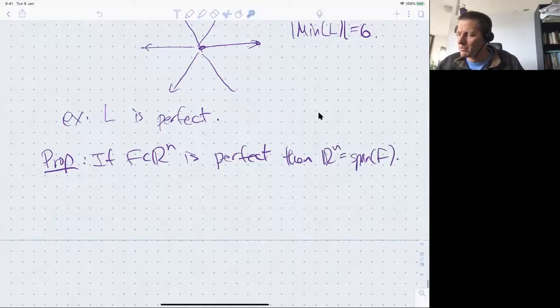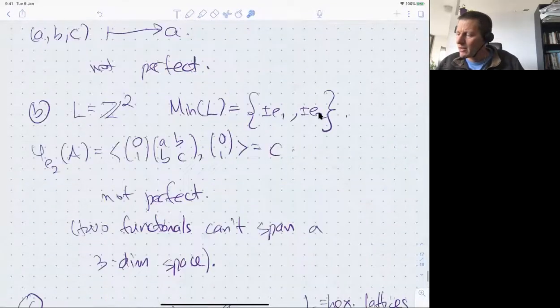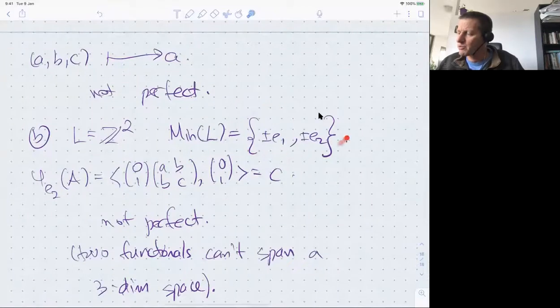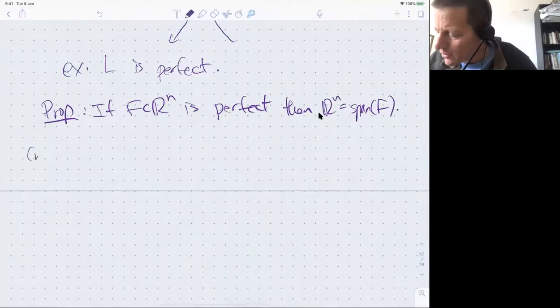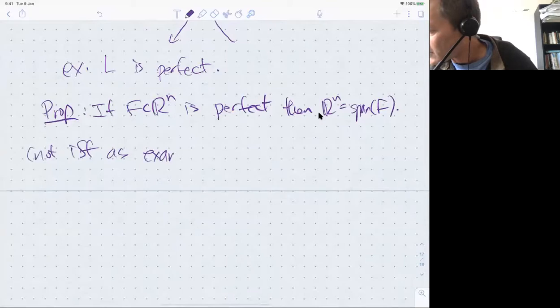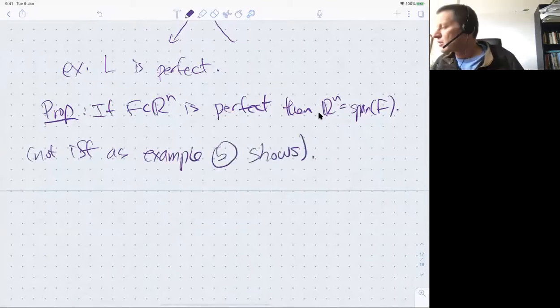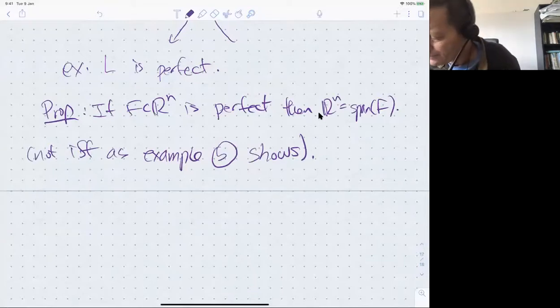In example B, the 2 minimizers of Z2, up to plus minus, do span R2, but the corresponding functionals don't span the dual of the symmetric matrices. So this proposition is not if and only if, as example B shows, but at least there's one direction here.